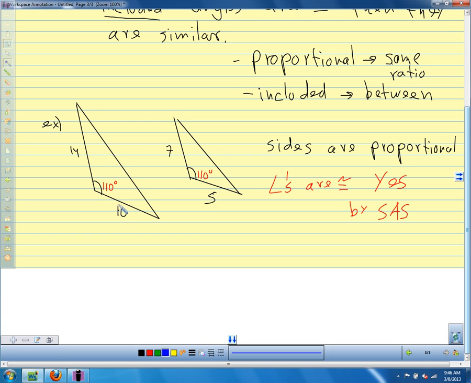If they were different at all, if this were 111 degrees and this were 112 degrees, then the angles are not congruent and the triangles are not similar. So if the included angles are the same, if they're congruent, then these triangles would be similar because the sides are proportional and the angles are congruent. If angles are different at all, then the triangles would not be similar.